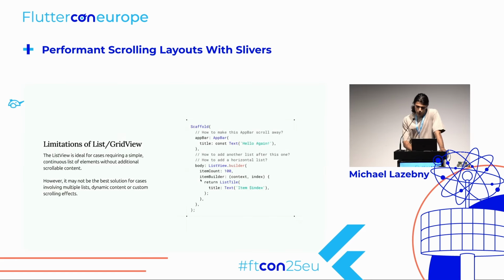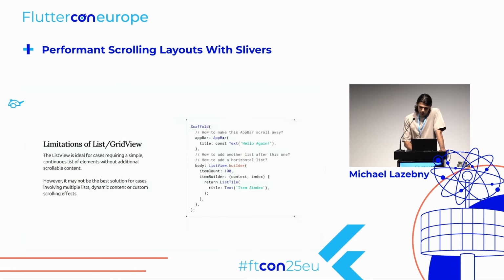However, there are limitations. For example, here I have a list view builder with 100 items and just a simple bar. However, there are three questions. For example, what to do if I need to add an additional list here after this one, or add an additional grid view along the same axis direction, or how may I add a section title or just another widget?